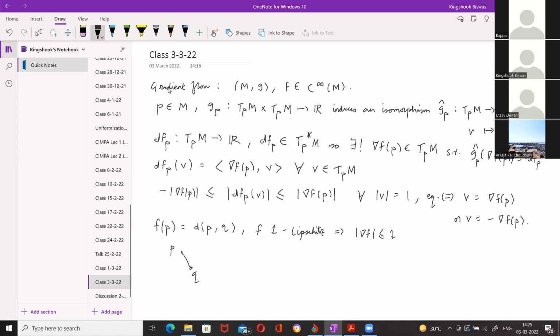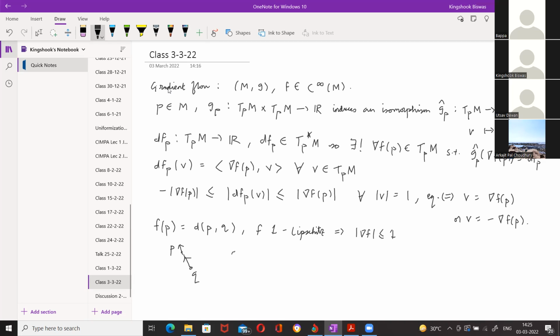On the other hand, if I look at geodesics passing through Q, then along these geodesics, I know the distance from Q increases exactly like t, like the distance along the geodesics.